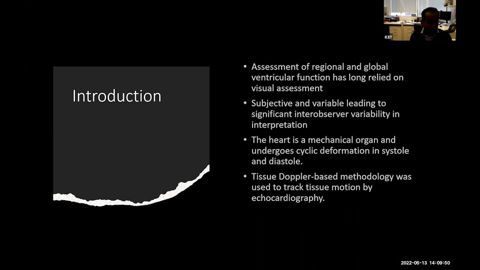The reason for this is that the heart is a mechanical organ which undergoes cyclical deformation in systole and diastole, and I'll go through that in more detail a bit later on. In the past, to assess strain, we looked at tissue Doppler based methodologies, tracking the movement of the muscles in a certain plane or longitudinal fashion.